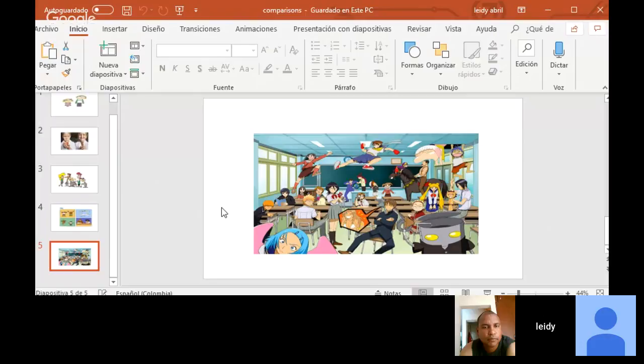The picture is the people funny. The giraffe is taller. Is taller or is the tallest?